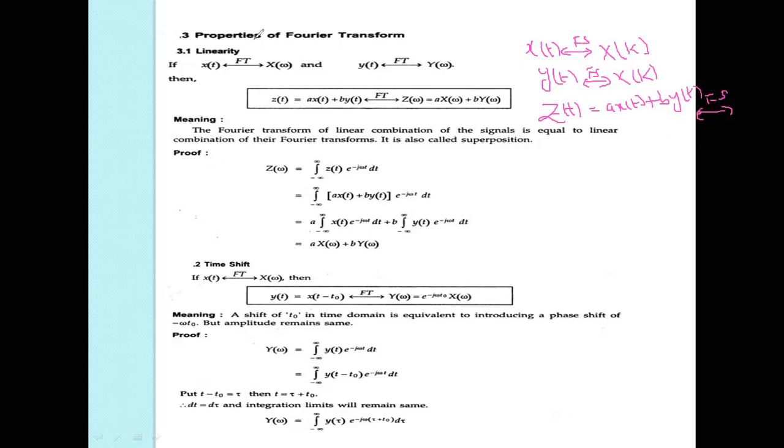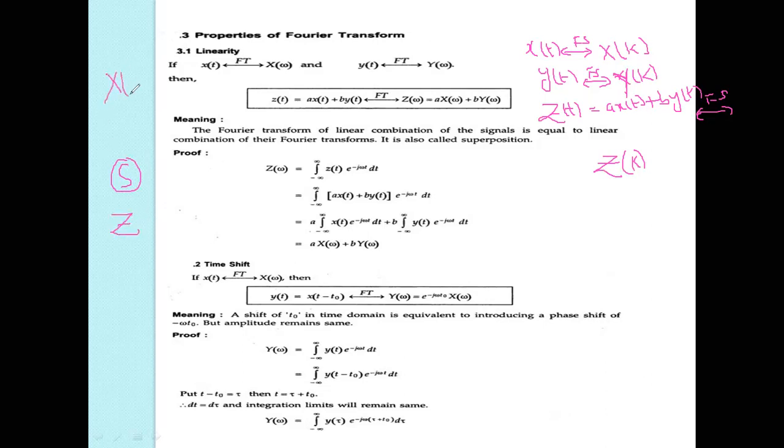What is the difference here between the Fourier transform and the Fourier series? Z of k equals, the k is what we use for the Fourier series, omega is for the Fourier transform, and later we can discuss Laplace. S is for the Laplace transformation and z is for the Z transformation.